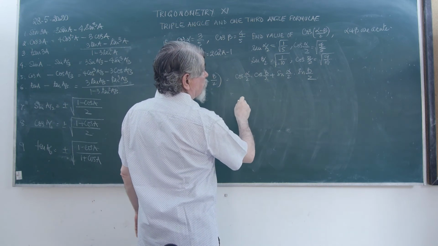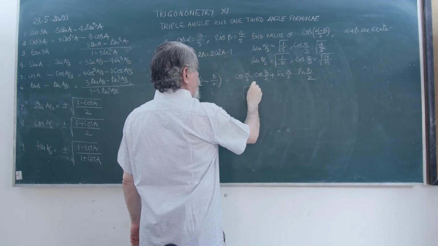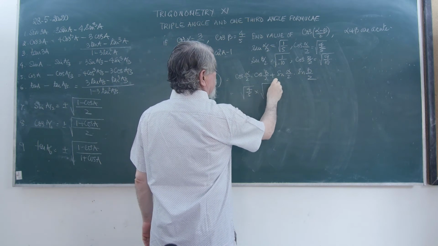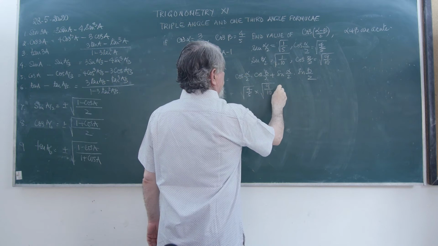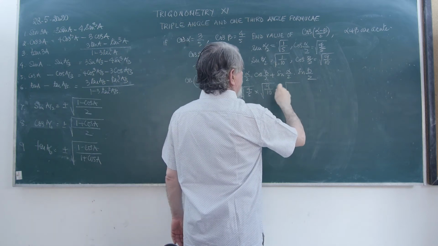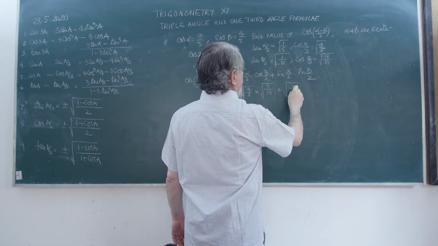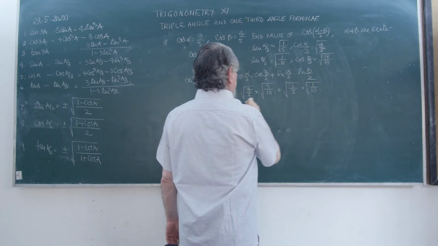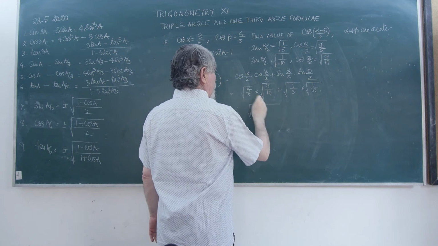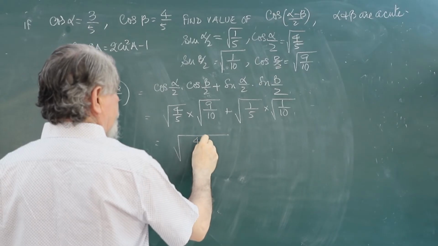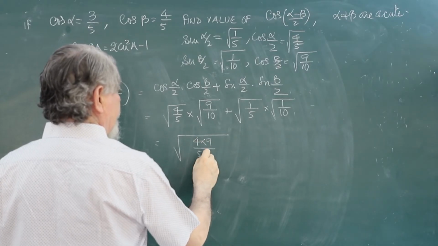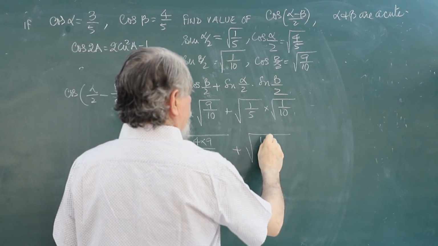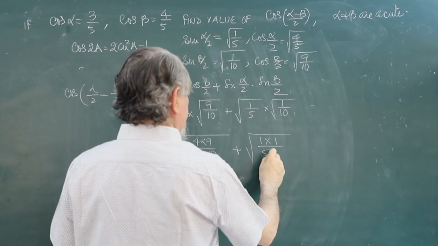Cos alpha by 2 is under root 4 upon 5. Cos beta by 2 is under root 9 upon 10. Plus sin alpha by 2 is under root 1 upon 5, and sin beta by 2 is under root 1 upon 10. So it will become under root 4 into 9 upon 5 into 10 plus 1 into 1 upon 50.